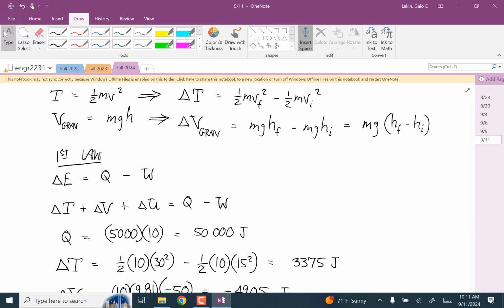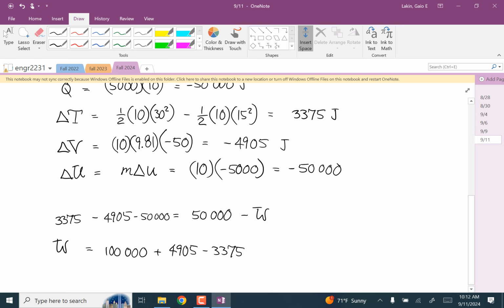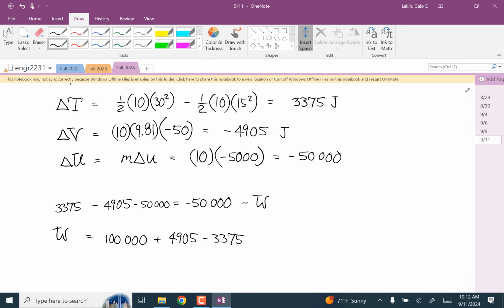Yes, thank you. You are right. So Q is negative 50,000. Okay. And so these just cancel each other. And so work is equal to 4905 minus 3375. So work is equal to 1530 joules.